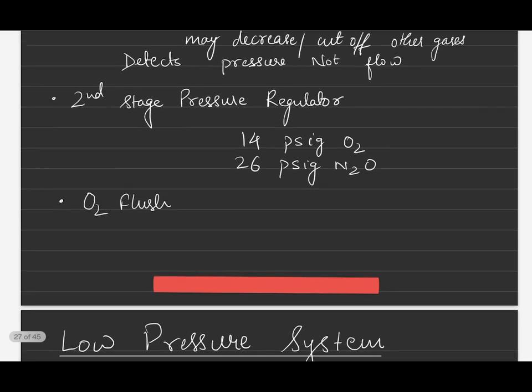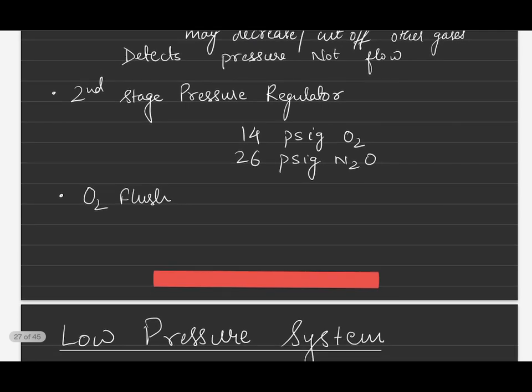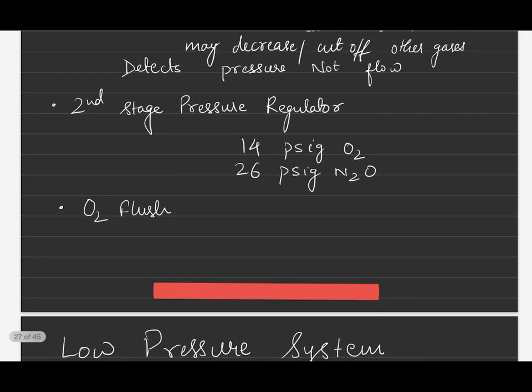Then among other safety devices, the second stage pressure regulator makes the flow more constant for the low pressure system. So the pressure is reduced: oxygen is 14 psig, nitrous oxide is 26 psig.